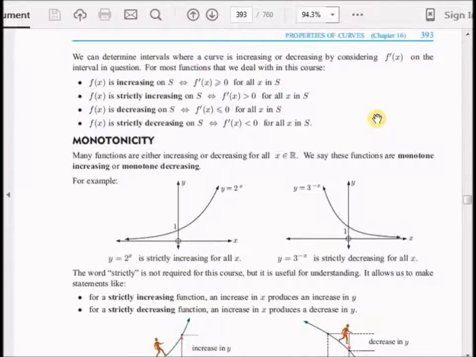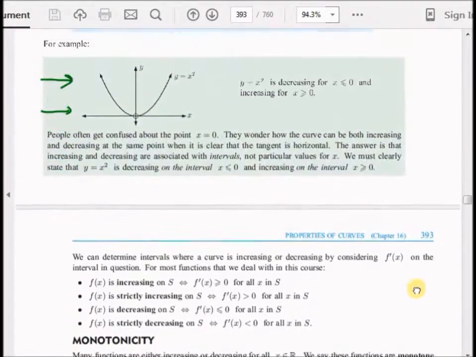Here's another way of saying that f of x is increasing on S if and only if the derivative is greater than or equal to 0. We'll talk about what this means as well. The function is decreasing on S if and only if the derivative is less than or equal to 0. So does this make sense graphically?